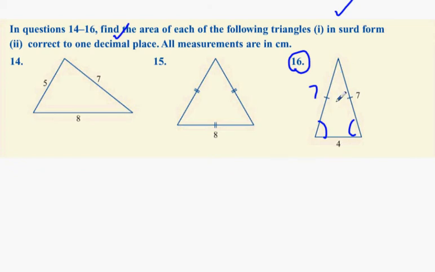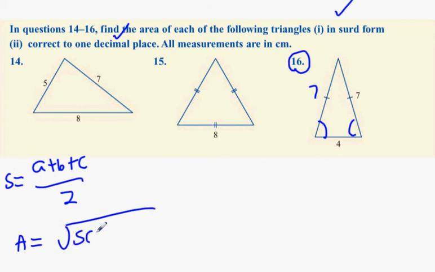I know there's two ways of doing it, right? I'll try it out both ways with you. Method number 1. S is equal to A plus B plus C over 2. Area equals the square root of S times S minus A, S minus B, S minus C. Advantages: there's absolutely no thinking.